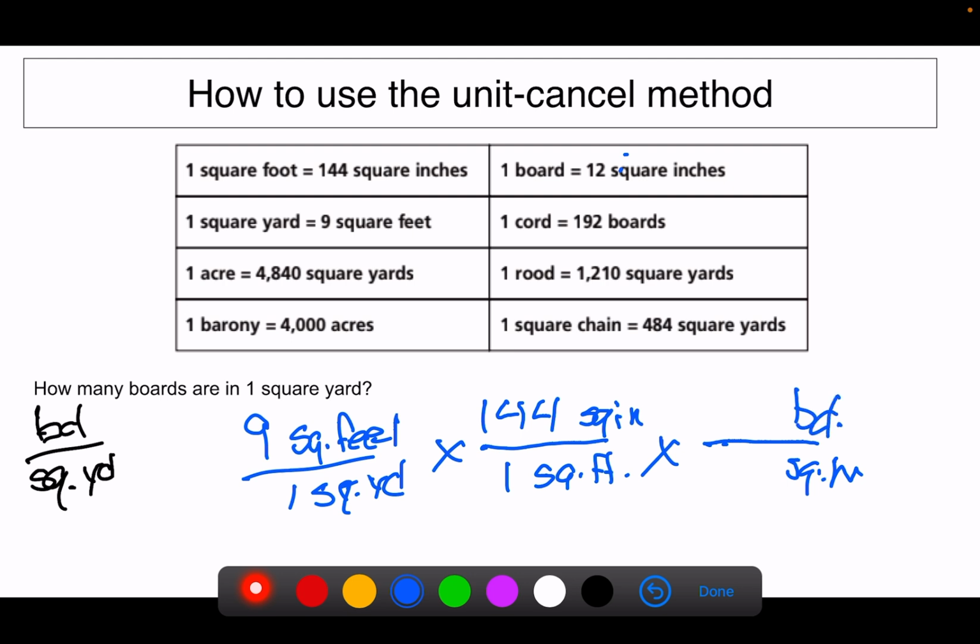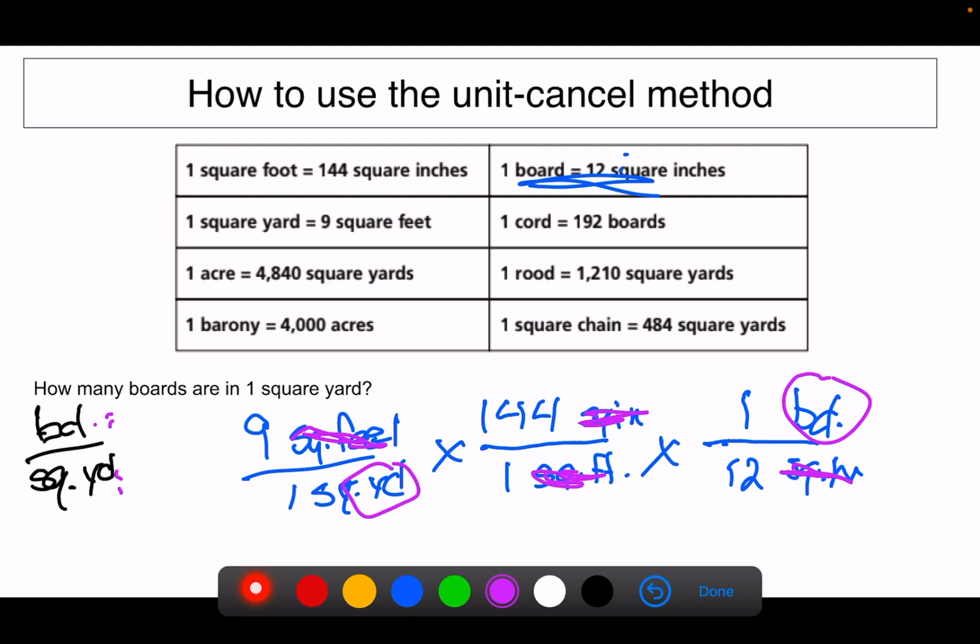Because the square inches here and the square inches there have to cancel. So this is 1 board, getting it from right up here, 1 board, 12. Now let's see what cancels. Square feet cancel, square feet cancel, square inches cancel, leaving me with boards and square yards, just what I wanted.